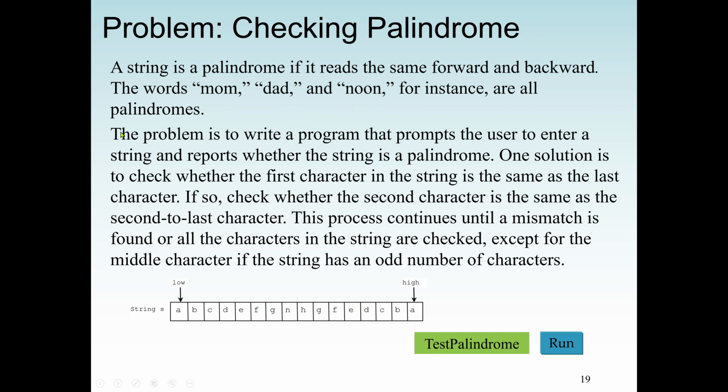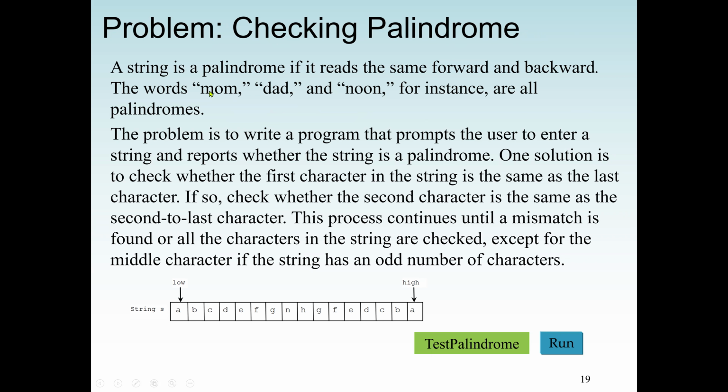Now here the task is to write a program that prompts the user to enter a string. Then we are going to report whether the string is a palindrome. One solution is to check whether the first character is the same as the last character. If so, then check whether the second character is the same as the second to last character.